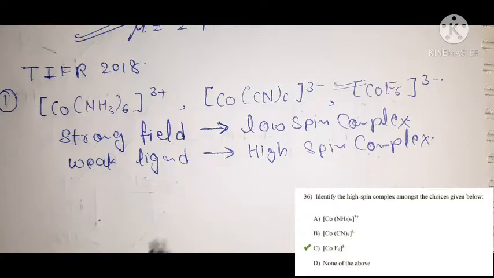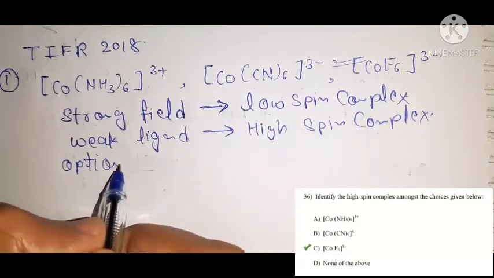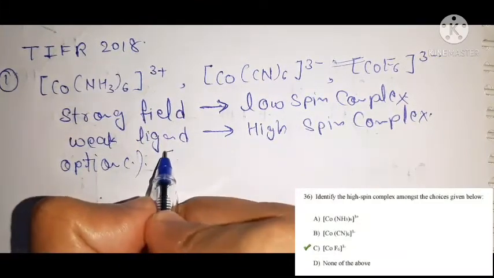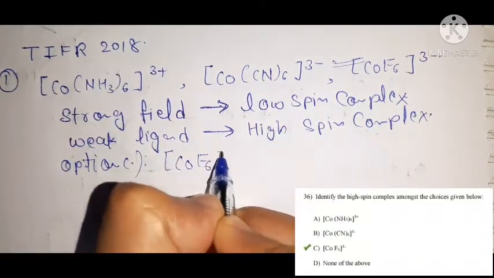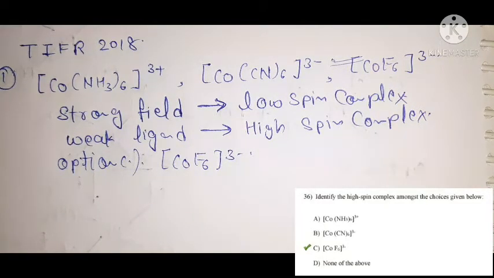So that means this complex is a high spin complex. So your option C is the correct answer for this question, that is [CoF6]3-, because it contains a weak field ligand. Okay, I hope you understand it.